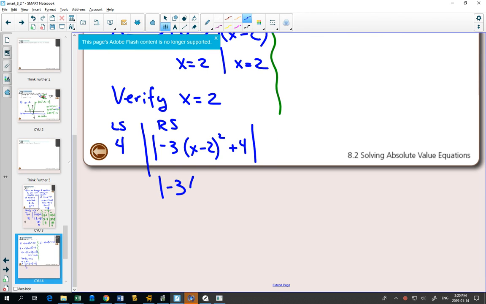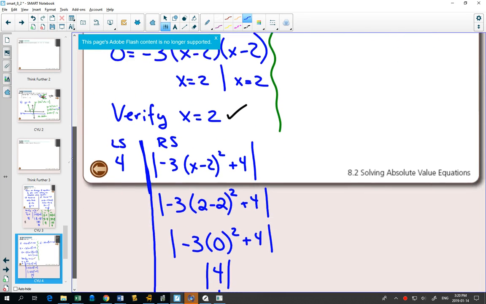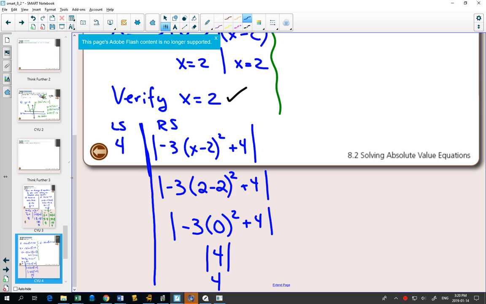If I plug in 2, it becomes the absolute value of 4, which is positive 4. Does that equal the left-hand side? Yes, it does. So I can check this one off, that x equals 2 is a solution. Sorry, everybody able to get the verification down? Good? I'm going to scroll back up to do the other side.